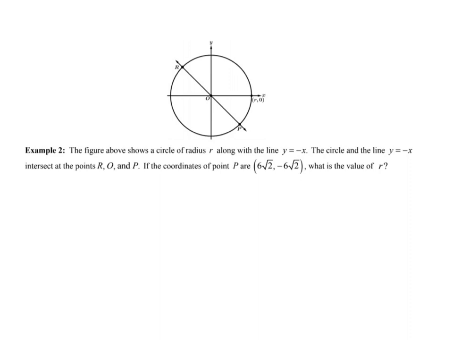So I'm going to walk you through my thought process, and then we'll go alternatively and see what they're thinking. It says the circle and the line y equals negative x intersect at points Q and P. If the coordinates of P are 6 square root 2, comma, negative 6 square root 2, what is the value of r? So in other words, what's the radius?